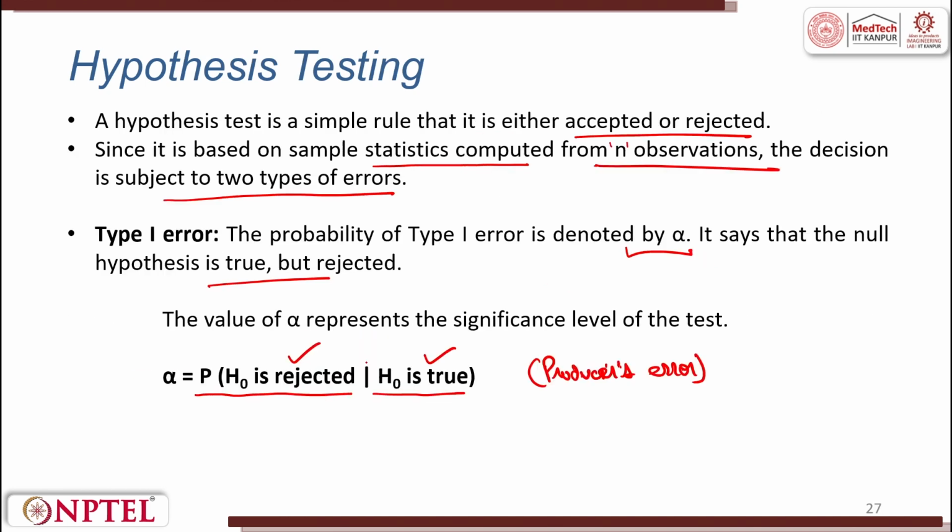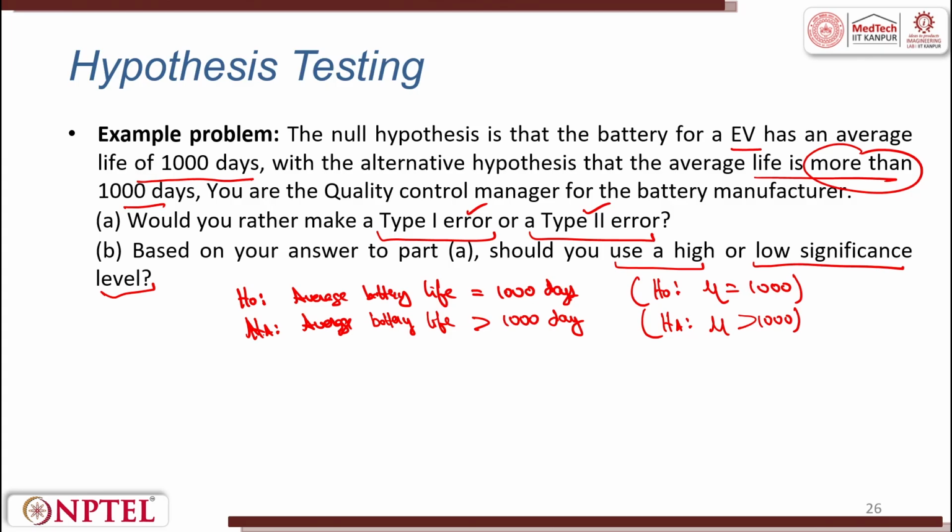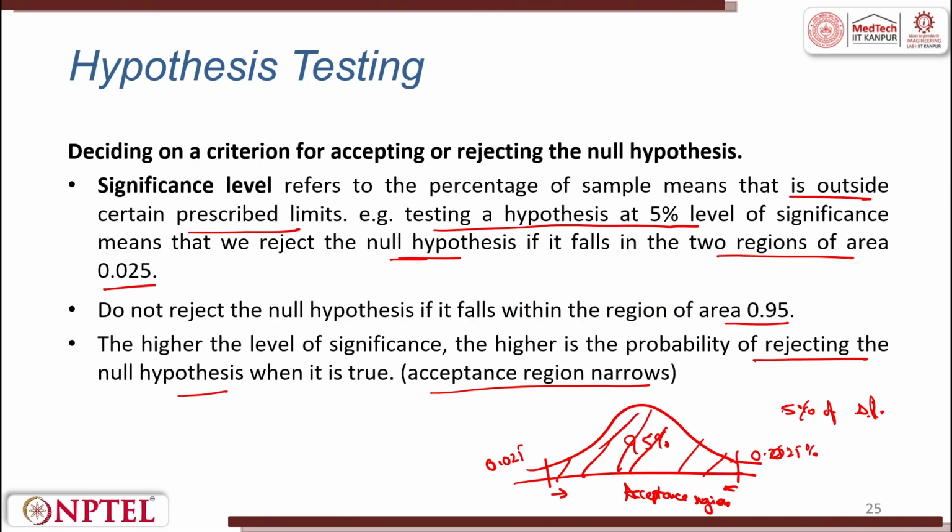Now, let me see the problem statement. They ask, would you have a producer's risk or would you have a consumer's risk? Which kind of risk would you like to make? And just to be more clear, this 5% significance level is alpha.